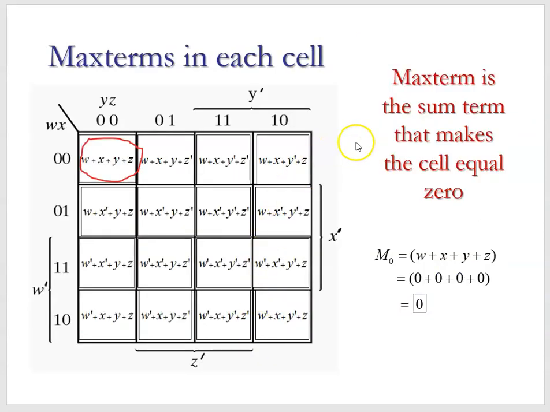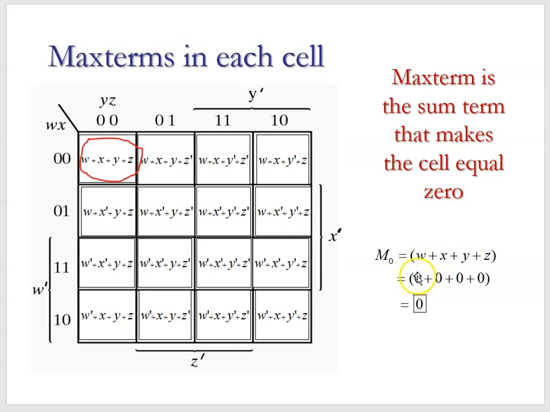So let's review our max terms before we look at some examples. If we look up here in cell 000, we've been referring to that as min term 0. Well, it's also max term 0. The max term is the sum that will make the cell equal 0. So our max term 0 here, since we have a function of w, x, y, and z, is w or x or y or z.